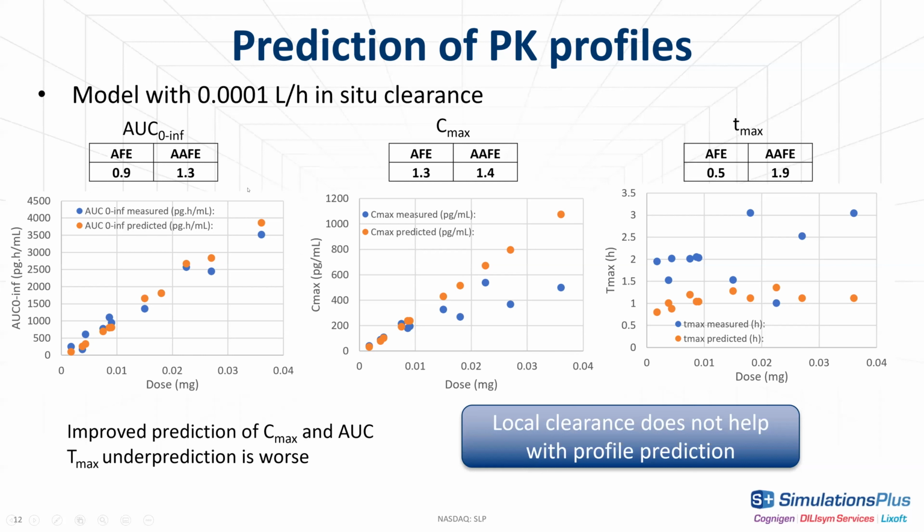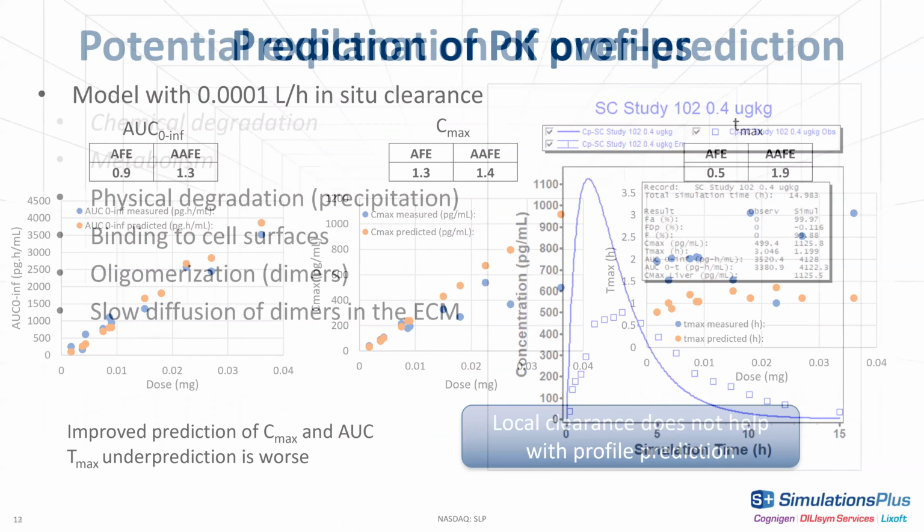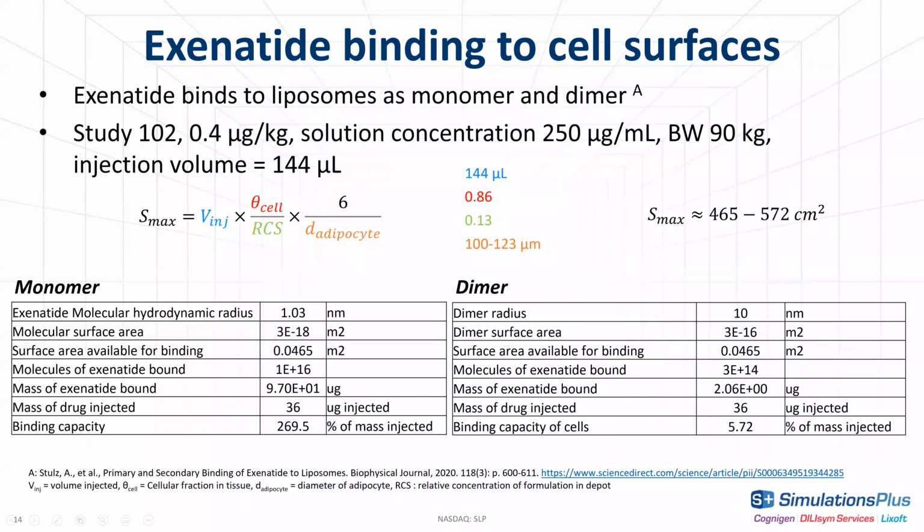We ruled out chemical degradation and metabolism for the IR, but what about physical degradation or binding? If you look in the literature again, you can see that Exenatide is reported to bind to liposomes as a monomer and as a dimer. And if you look at the high dose study cohorts, that was really mismatched compared to our baseline prediction, which was a 0.4 microgram per kg injection.